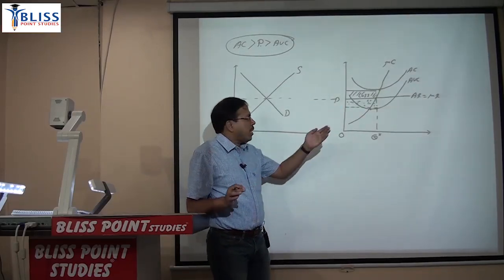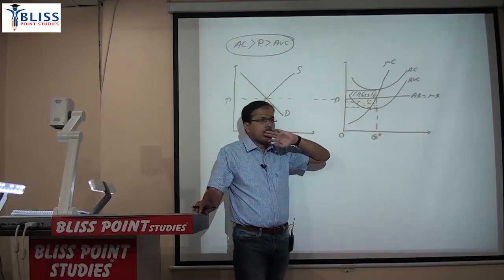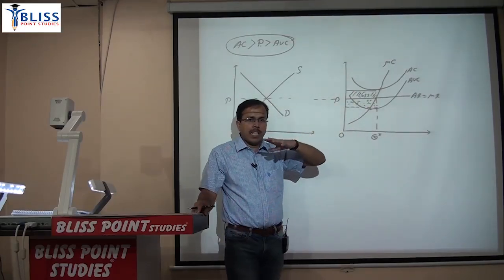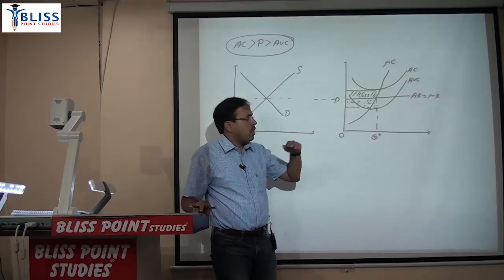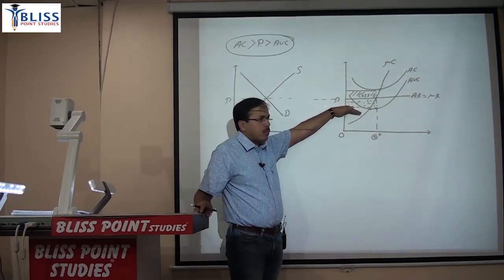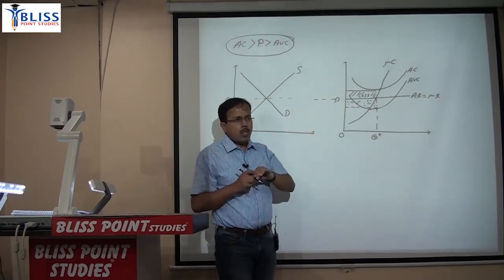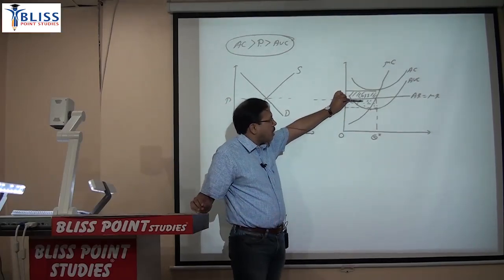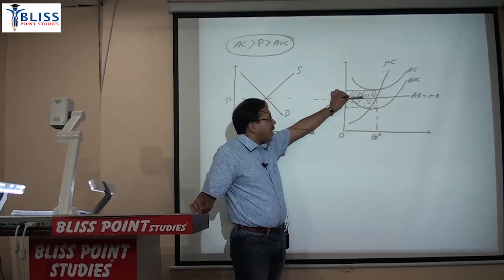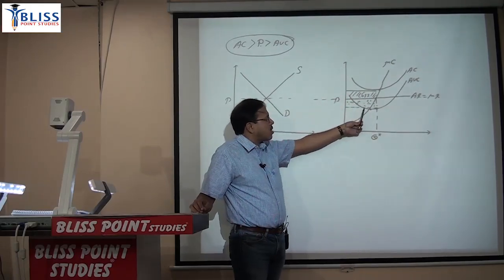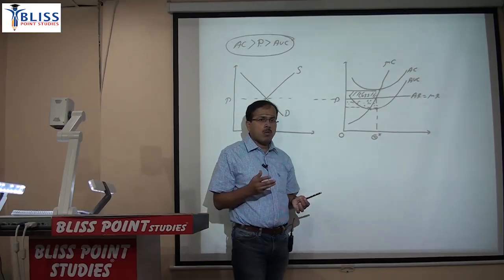अब आप ये बताओ कि if this operating profit area get reduced, then what will happen? If that operating profit area get reduced, which may occur in two cases. One, price may fall down or cost may increase. दोनों condition हो सकते हैं. So if price will fall, then the operating profit area will get reduced. If price falls so much that it is just tangent on the average variable cost, then operating profit will be reduced to zero.